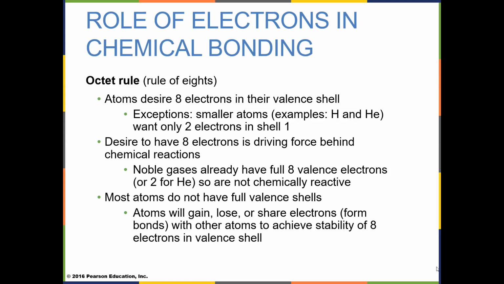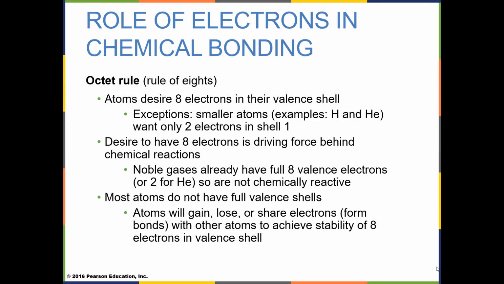So an electron in the second shell has much more potential energy than an electron in the first shell. An electron in the third shell has even more potential energy than the one in the second, and much more than the one in the first. Whatever is the outermost shell surrounding the nucleus is going to be called the valence shell.